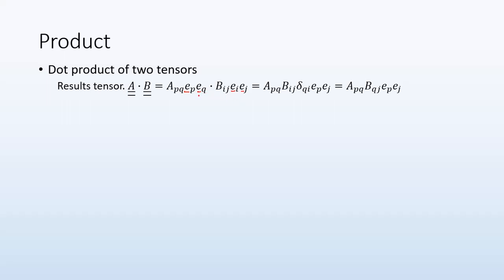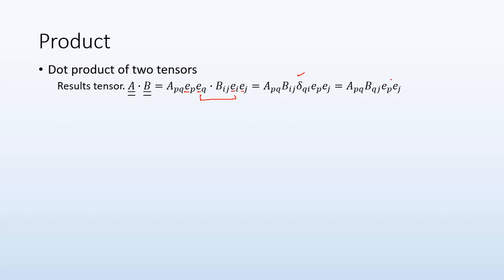So when I take the single dot product, e_Q will go with e_I. So e_Q dotted with e_I will give me delta_QI. So using delta_QI, I can replace all the I's with Q and write A_PQ B_QJ e_P e_J.